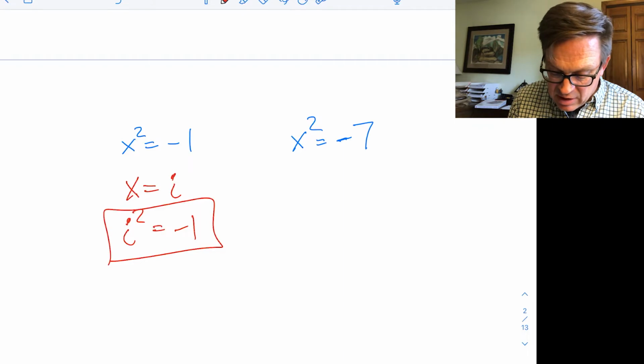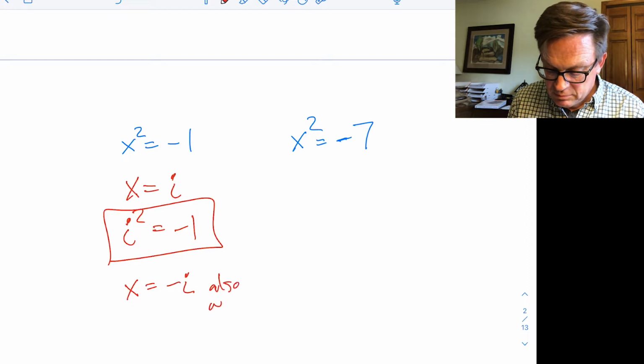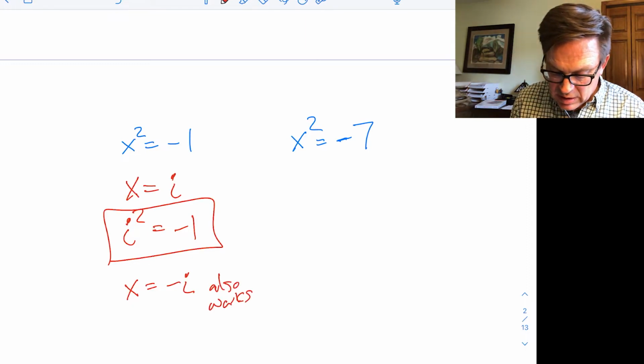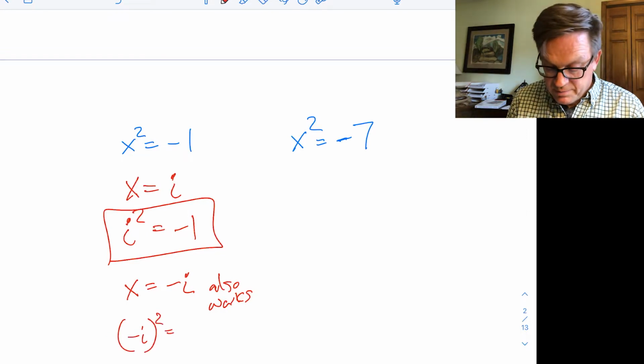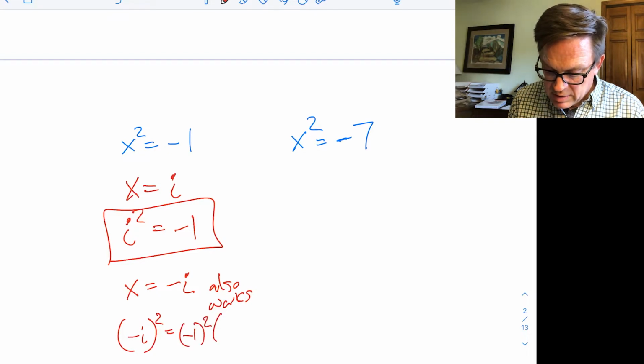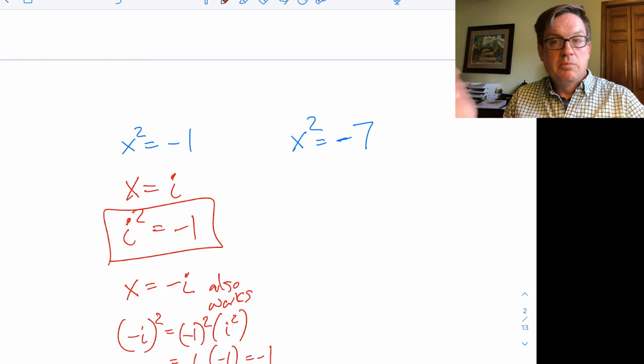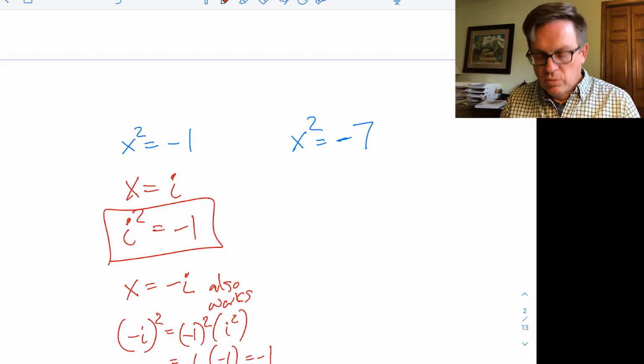And I guess I should put in here, x equals -i also works, because (-i) squared is (-1) squared times i squared, which is 1 times -1, which is -1. So plus and minus i work.